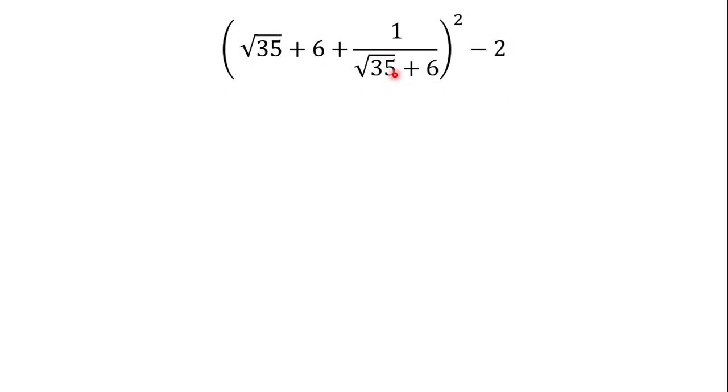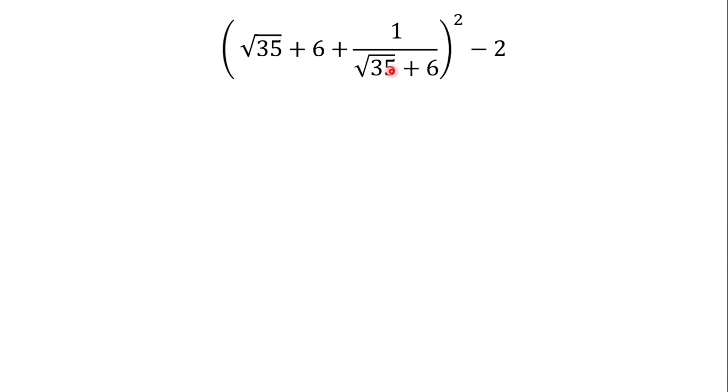So we are going to apply the same idea here. We are just going to rationalize this fraction. We are just going to take the square root here away from the denominator position to the numerator position. And to do that, we are going to do so by rationalization.